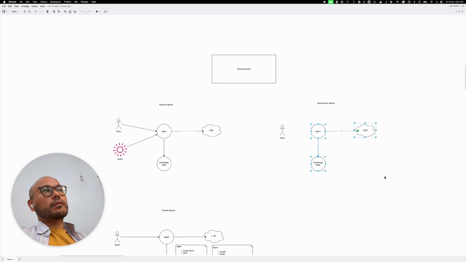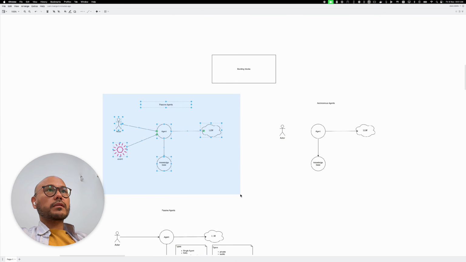This is not a pattern that we will discuss here, but it probably will be a future approach, because it looks like all the research and the latest implementations are trying to create autonomous agents. So we'll be focusing on the passive agents.